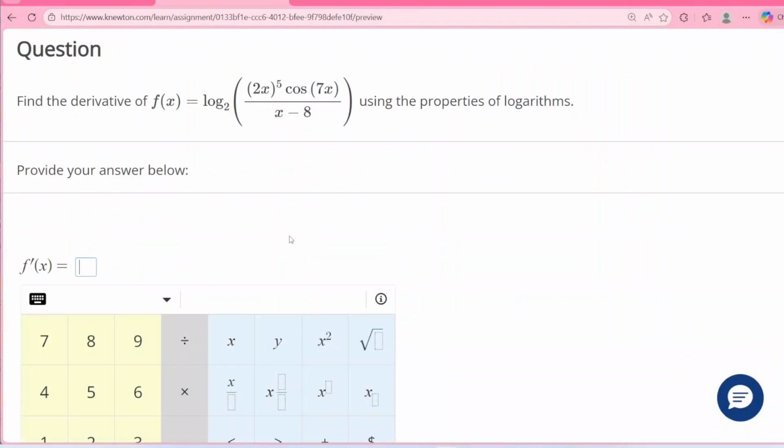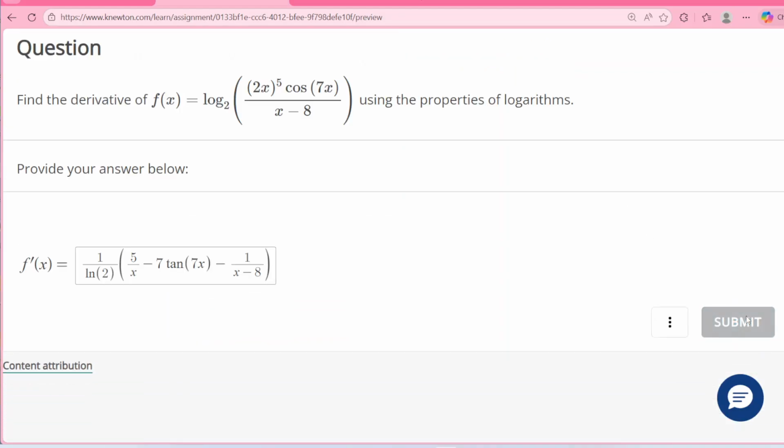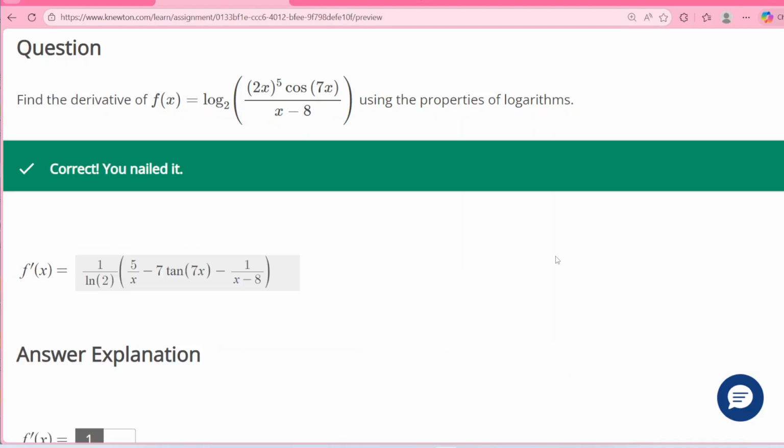So if I do that, I've got 1 over the natural log of 2 pulled out, parentheses, and what's left over is 5 over x from the first one and minus 7 times the tangent of 7x, right? This was the sine of 7x over cosine 7x. And then you had minus 1 over, and if I remove the natural log of 2, you just get x minus 8 in that last denominator. So again, this should be good. Great.